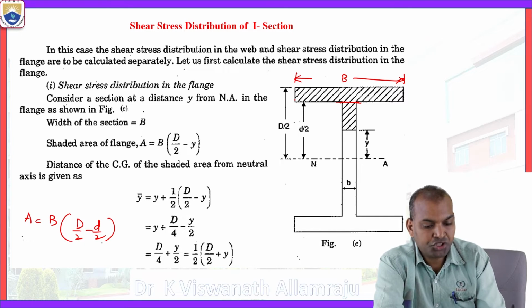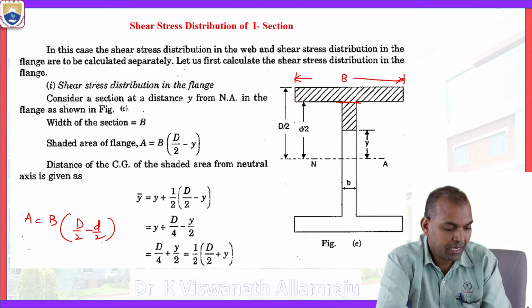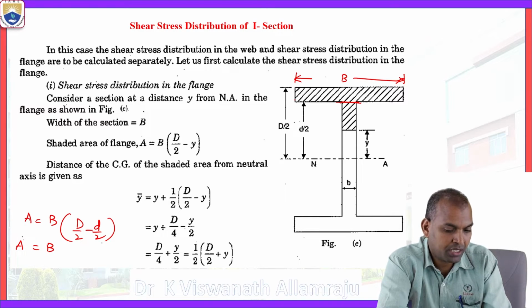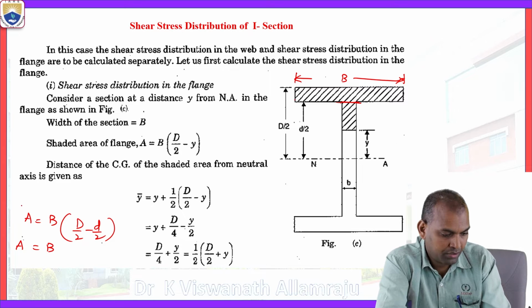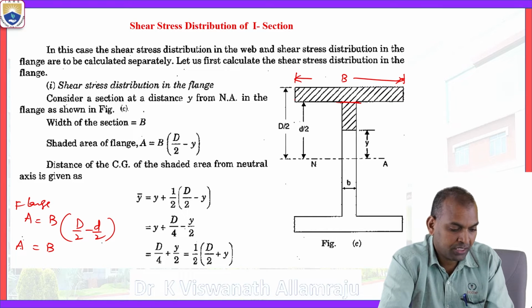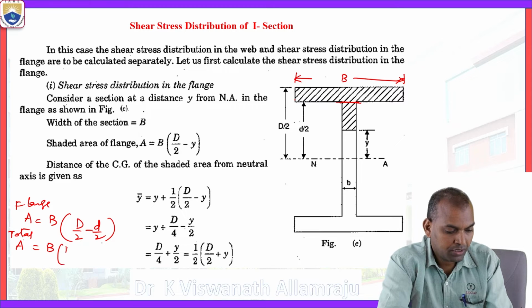But we want the complete shaded area. Then the total A equals the shaded area of the flange and the shaded area of the web: B times (D by 2 minus d by 2) plus small b times (d by 2 minus y).